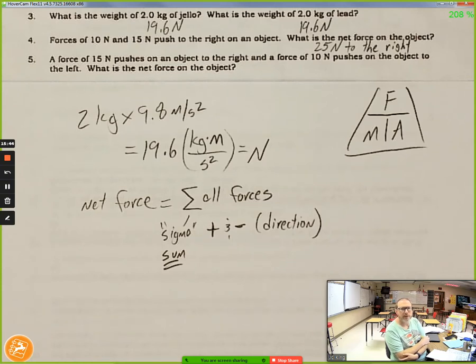Y'all out there still? I think I've lost you. I'm getting 5 newtons to the right. Yes, 5 newtons to the right is correct.